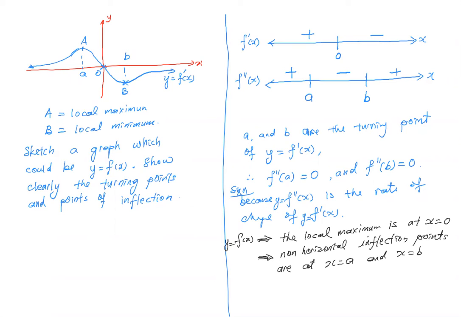So, for x less than A, it is convex. So the shape will go like that until A. Did I do it correctly?